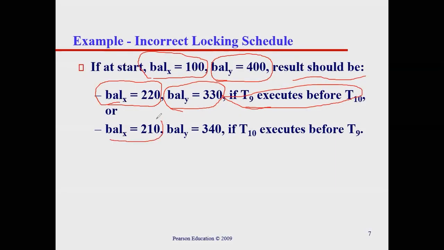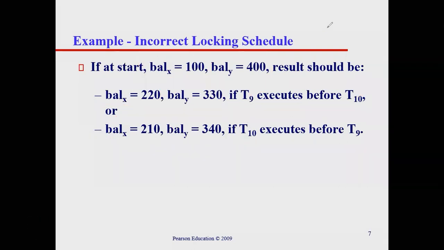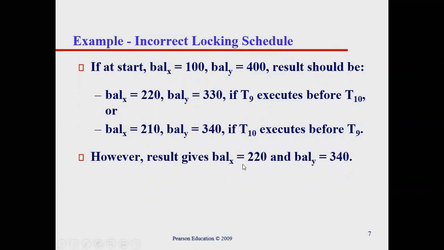Balance X will be this, and balance Y will be this, if T10 executes before T9. So where is the calculation? Do you see any calculation? Our result gives balance 220 and balance 340 over there.